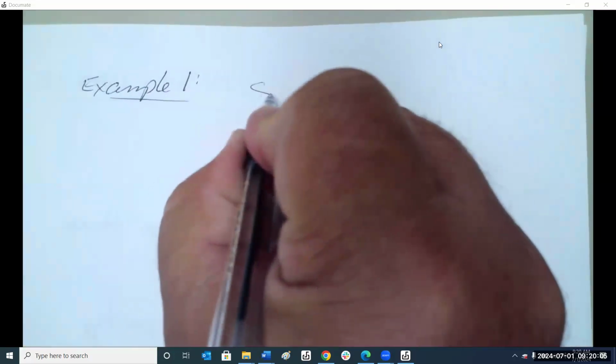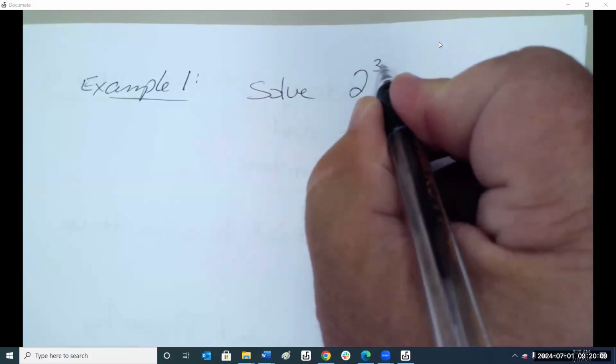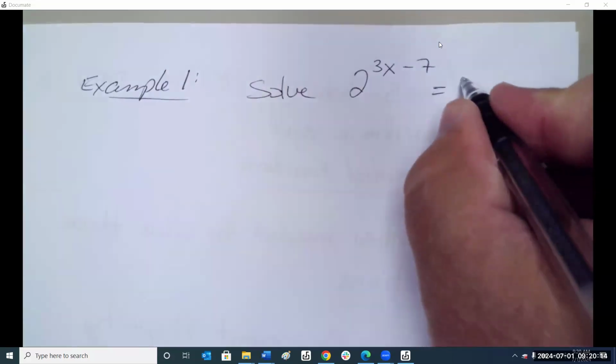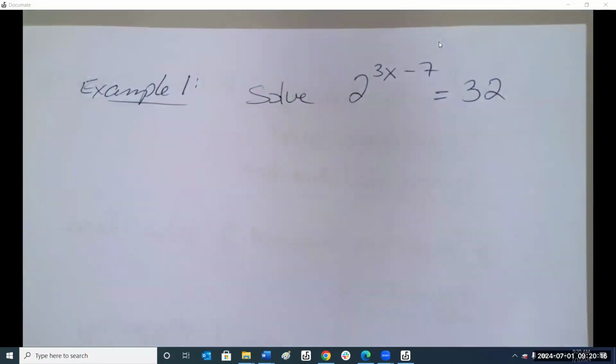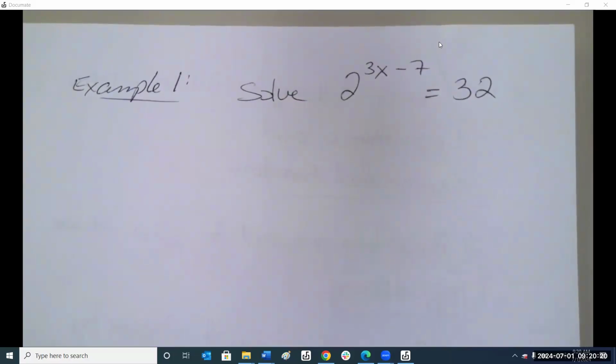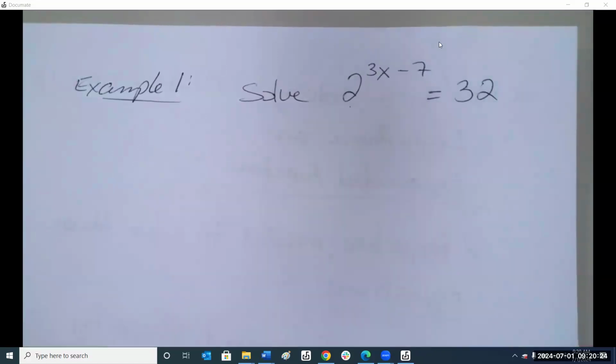Let's look at our examples. So example 1: 2 to the power 3x minus 7 equals 32. We can't do anything right now, but we'll use the properties that we're looking at.